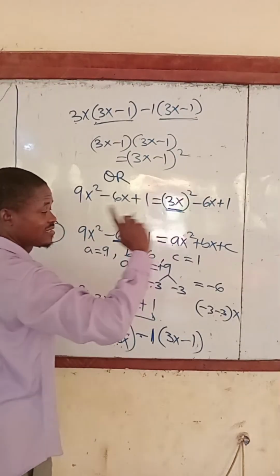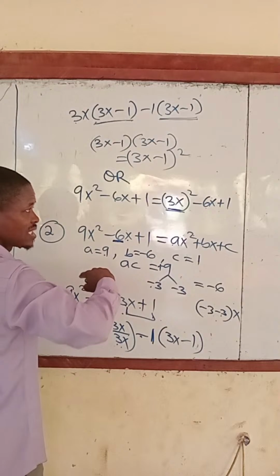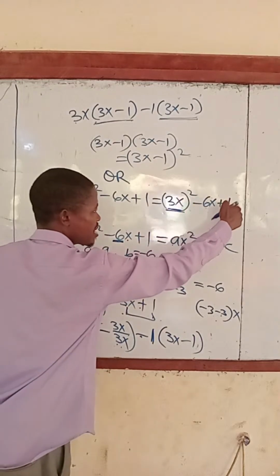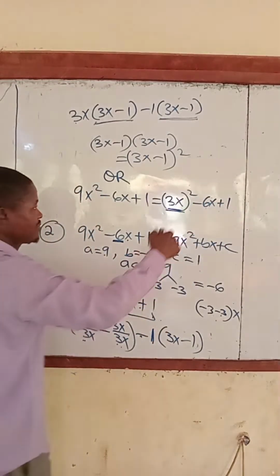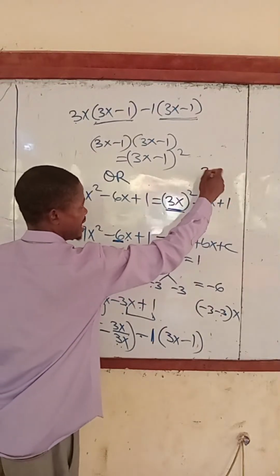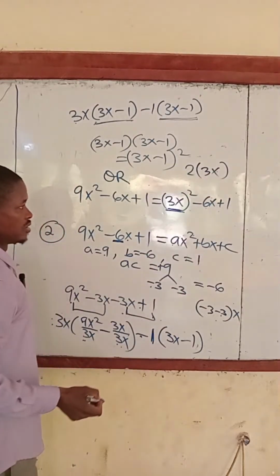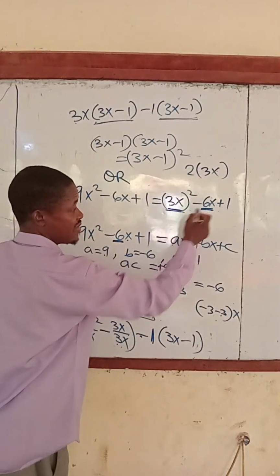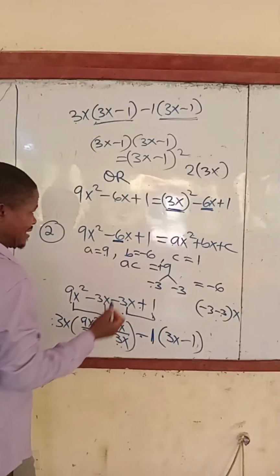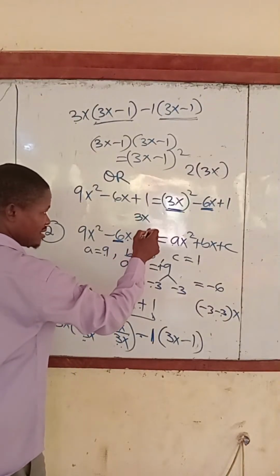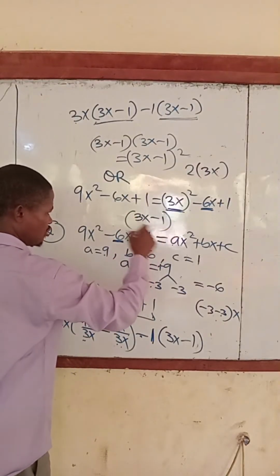So one of that is 3x, times the one at the end, which is 3x, and then times 2. So it's giving you the middle one. So in that case now, your answer is going to be 3x minus 1 squared.